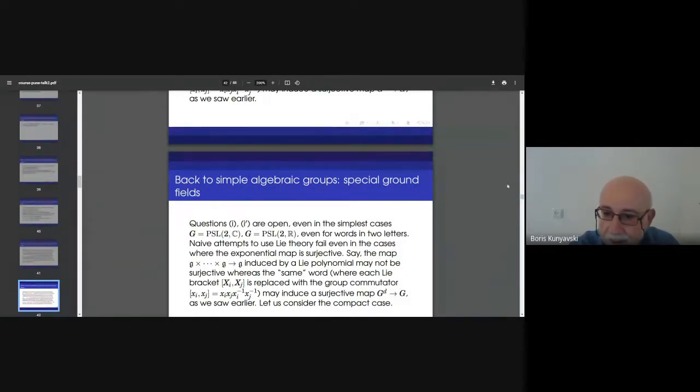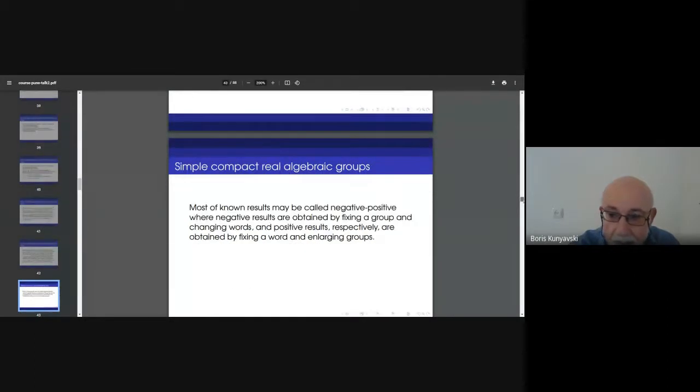So what do I mean? In the compact case, we have some results, and most of the known results may be called negative or positive. You see, we consider a particular word W and a particular group G, but we can vary this or that. If we fix a group and change the words, then we can eventually arrive at something negative.